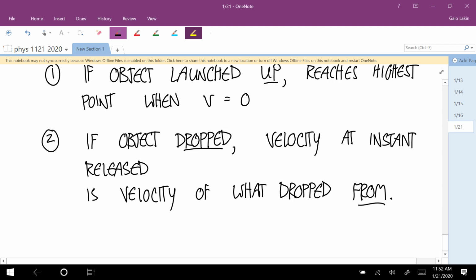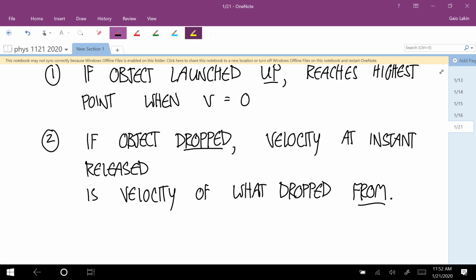So in this problem, the object was dropped from a bridge. A good quality bridge has 0 velocity. That's what you're looking for in a bridge. And so that means that at the instant the thing was released, the object has 0 velocity too.